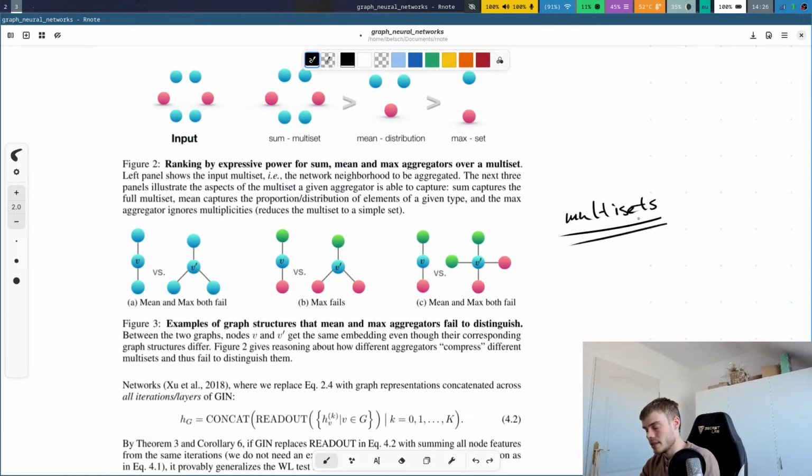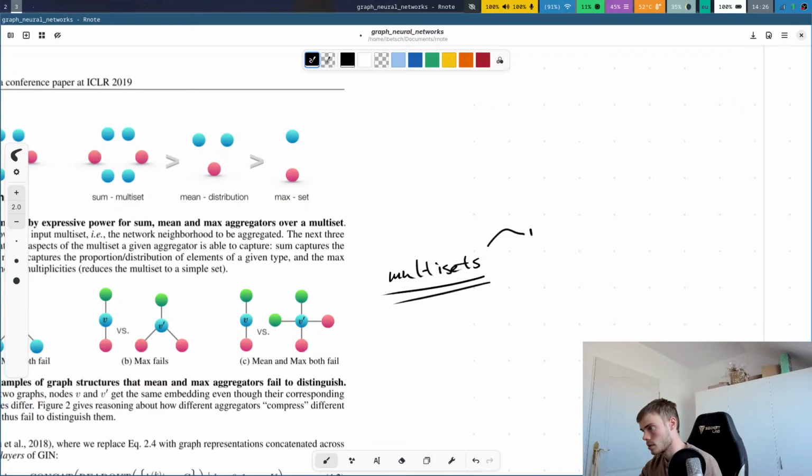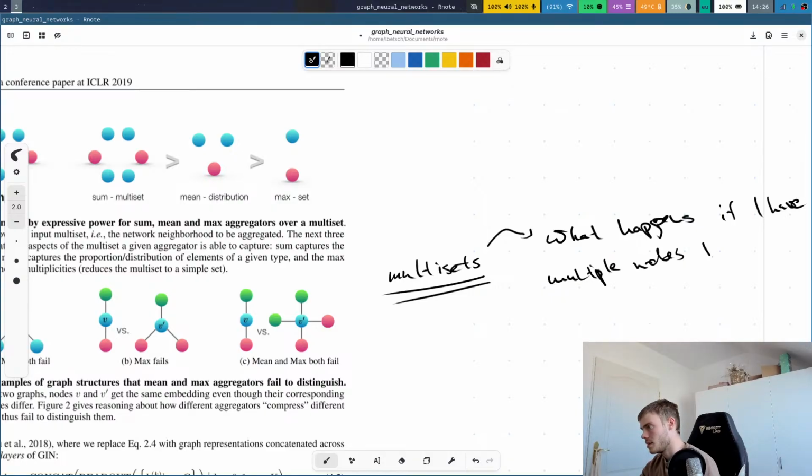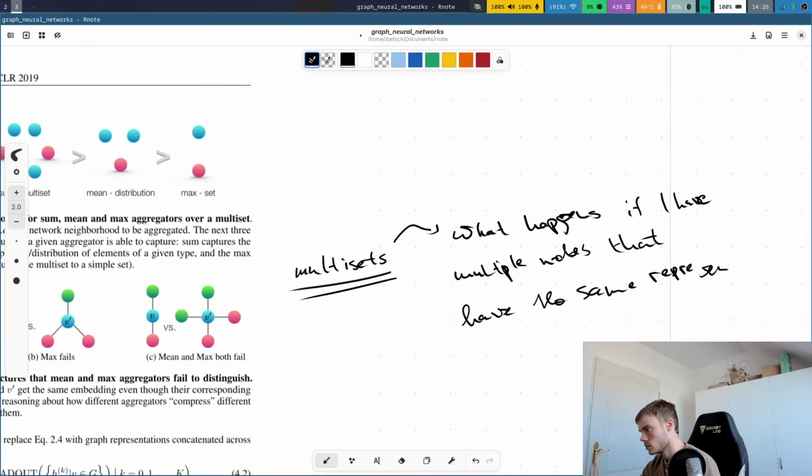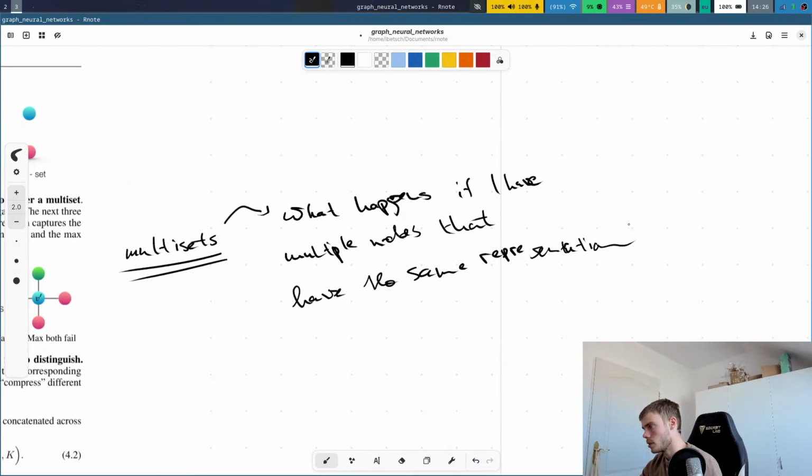So they essentially ask the question, what happens if I have multiple nodes that have the same representation? This is the main question they ask.